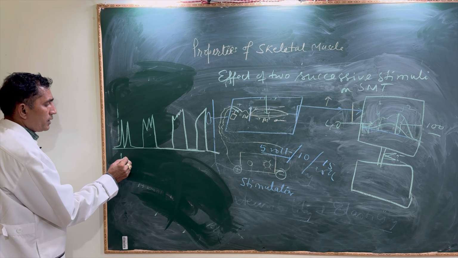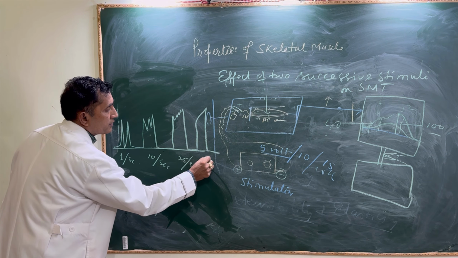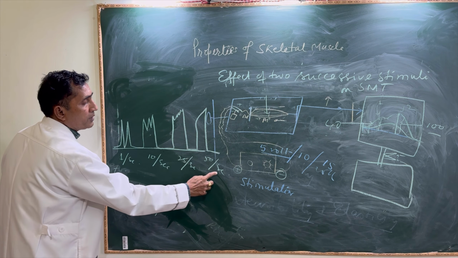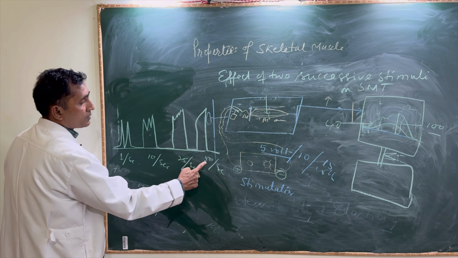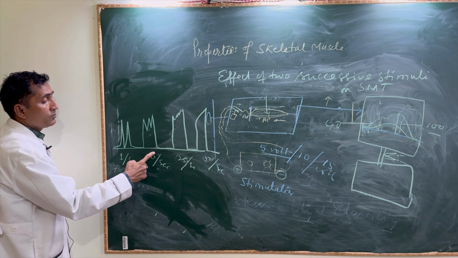This is 10 per second. This is 20 per second. Say it is 50 per second. That means the duration is fixed, one second, but the number of stimuli is increased.